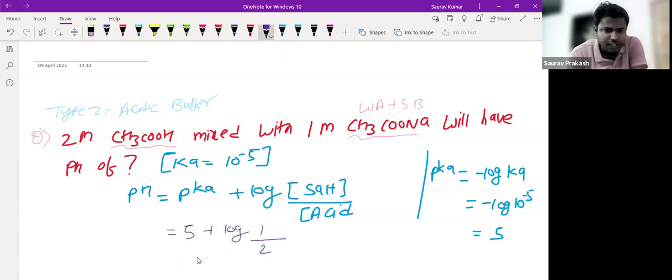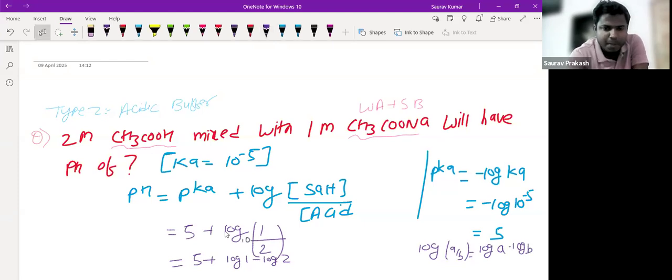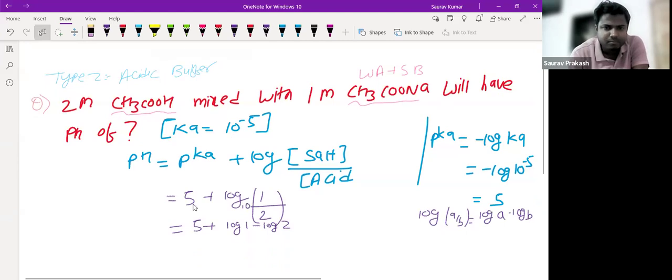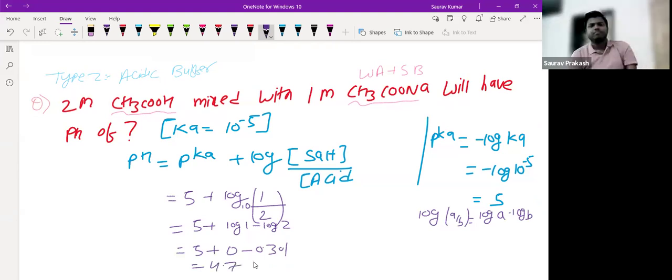So it becomes 5 plus log 1 minus log 2, since log A by B is log A minus log B. This is base 10. So it becomes 5 plus 0 minus 0.301. It becomes 4.7 approximately.